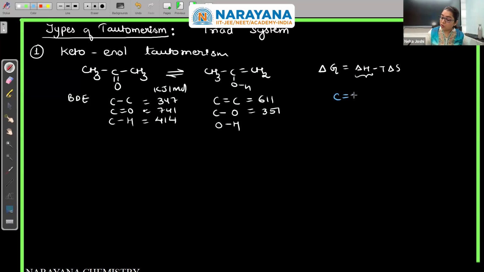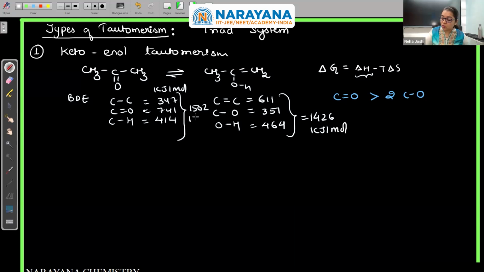C double bond O BDE is greater than 2 times C single bond O BDE. 351, 741. Coming to O-H, it is 464 kilojoules per mole. If you add this up, it is coming to 1426 kilojoules per mole. And if you add the other side, it is coming to 1502 kilojoules per mole.